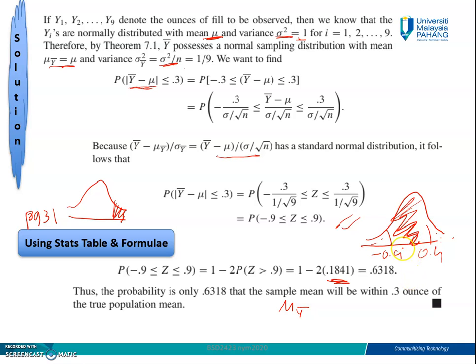So basically, usually this is mu, and you have left and right rejection areas or estimation error. But here we want to see within what area, between what values, A and B. So this is what you get, 0.9, and the probability inside here is 0.6318.